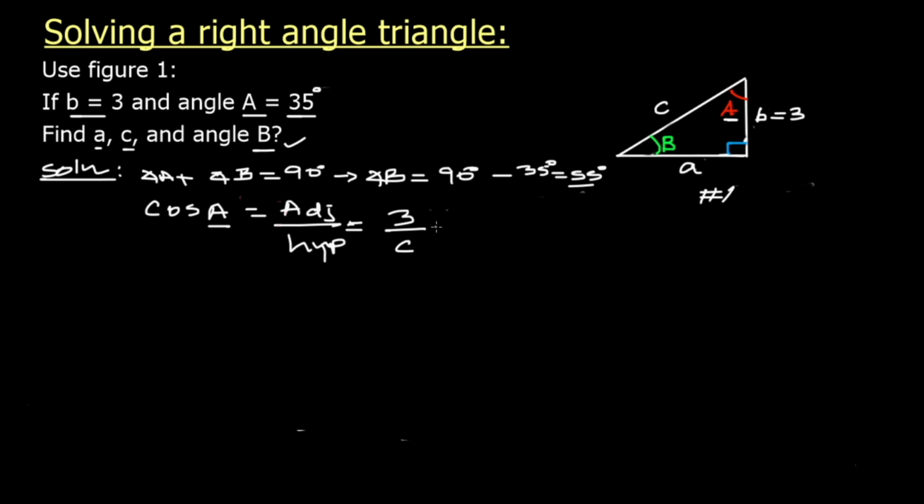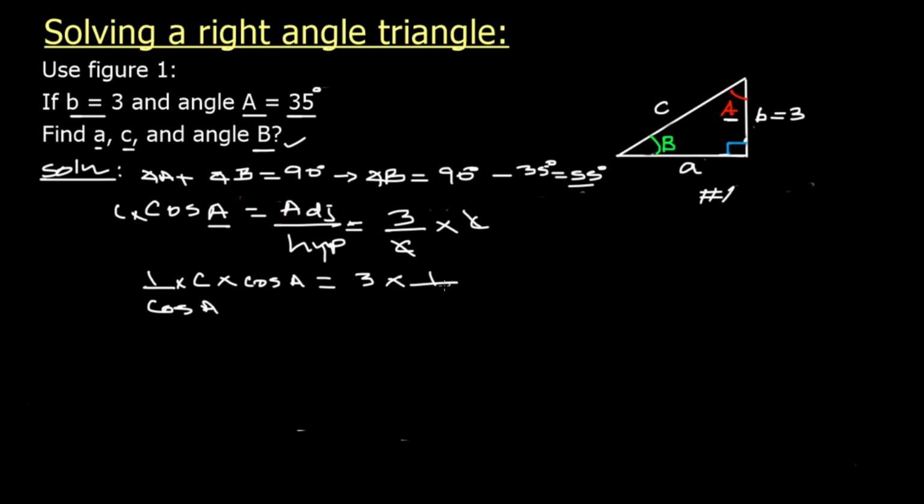So let's multiply C on both sides. This cancels out. So what is left here, we have C times cosine A, which equals 3, since the two C's cancelled out. Now let's multiply 1 over cosine A on both sides.